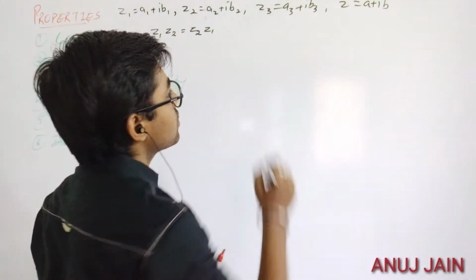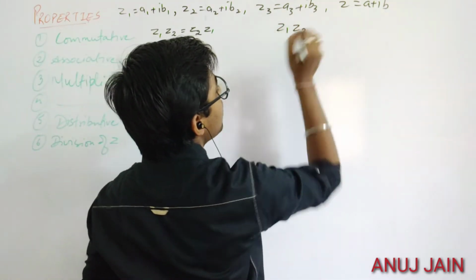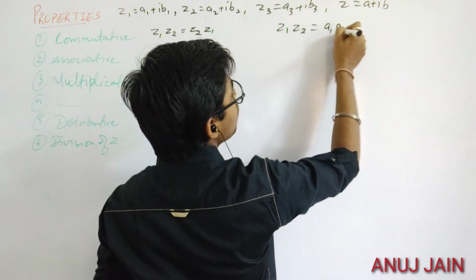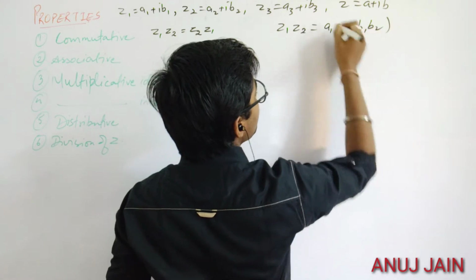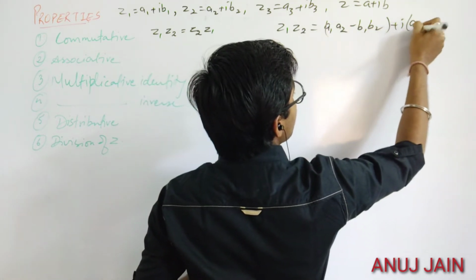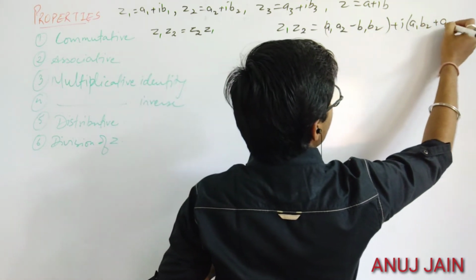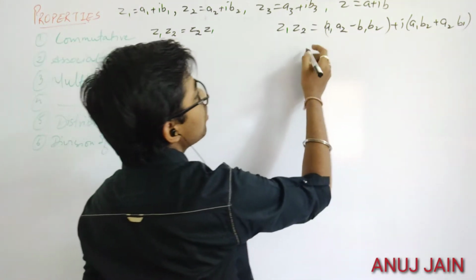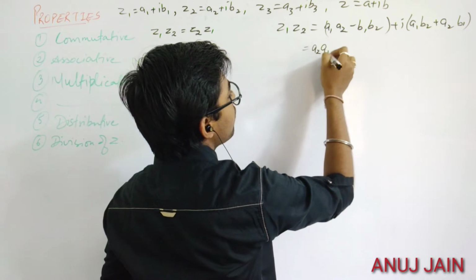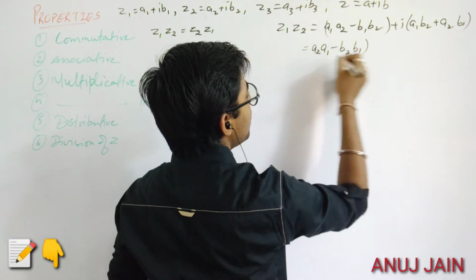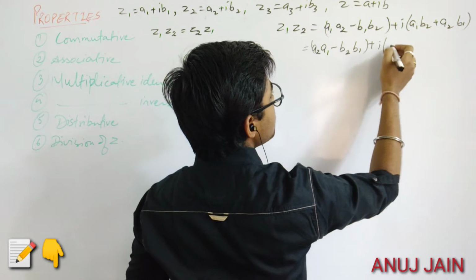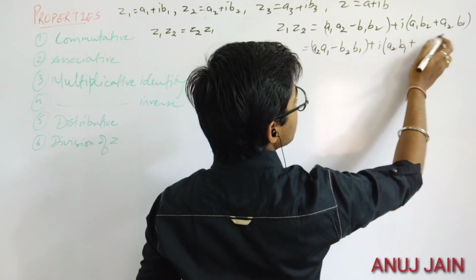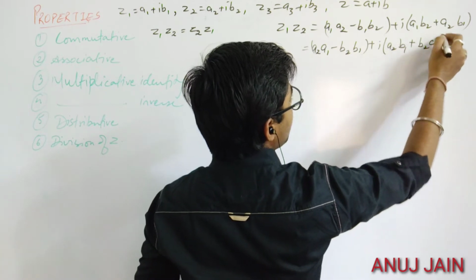How can we verify this? Just put the values Z1 into Z2. Z1 into Z2 we have seen it is A1 A2 minus B1 B2 plus I times A1 B2 plus A2 B1. Right? I can change the order, so I get A2 A1 minus B2 B1 plus I times A2 B1 plus B2 A1.